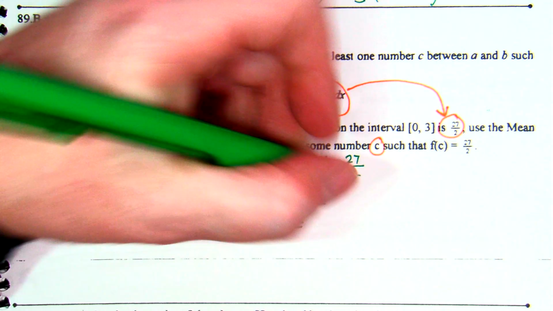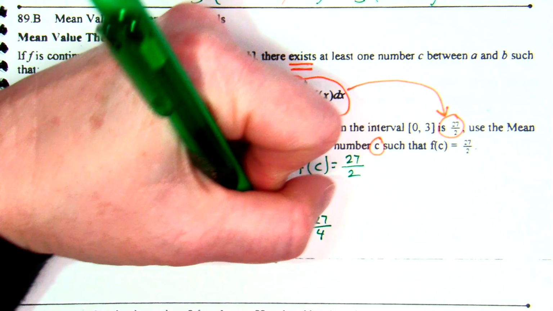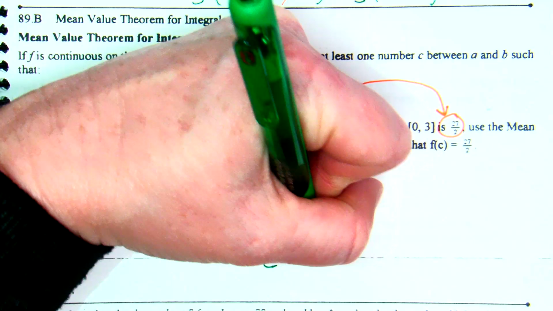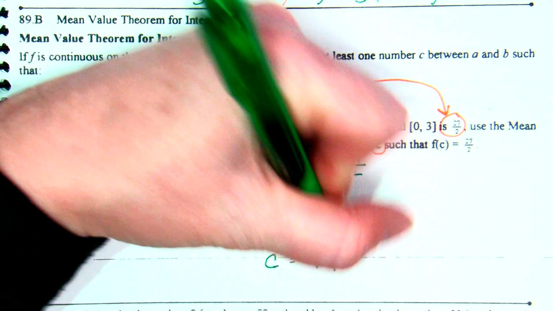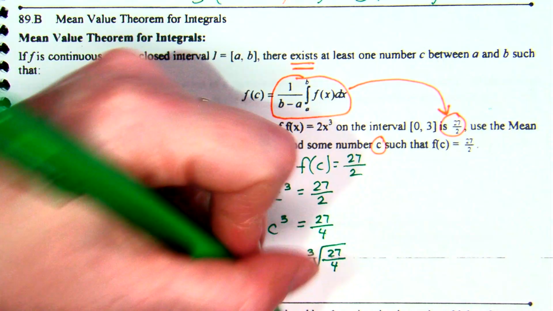So divide by 2, which is multiplying by 1/2, and it is 27 fourths. To find c, we take the cube root of 27 fourths. And that is your exact answer right there.